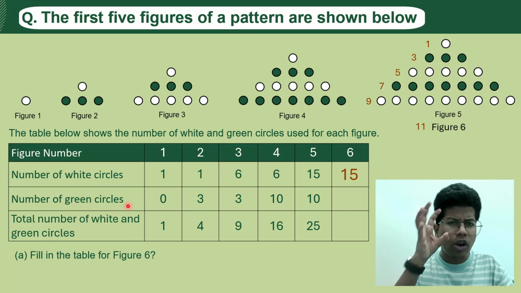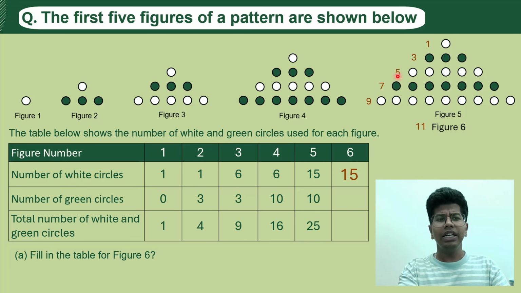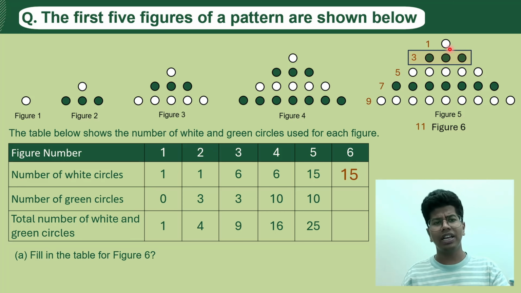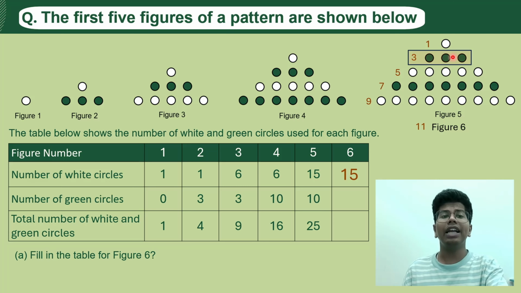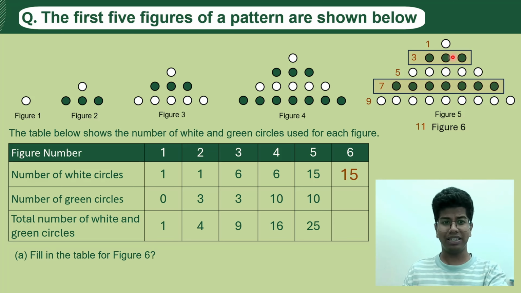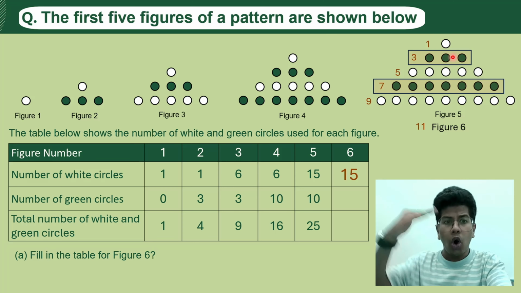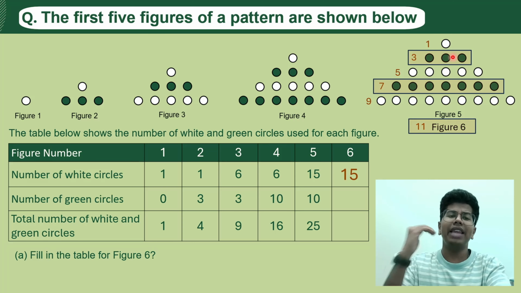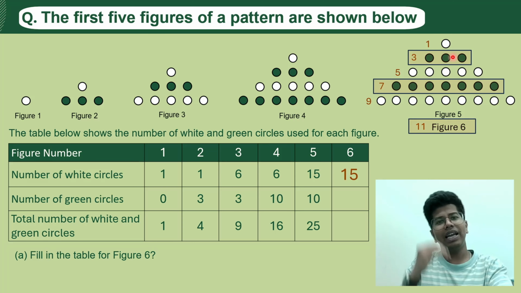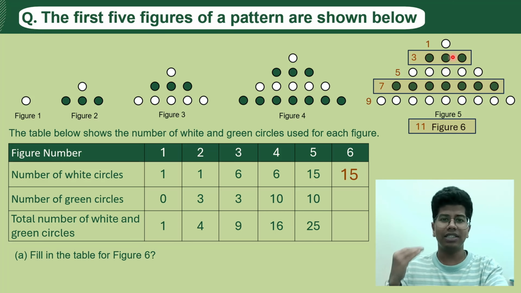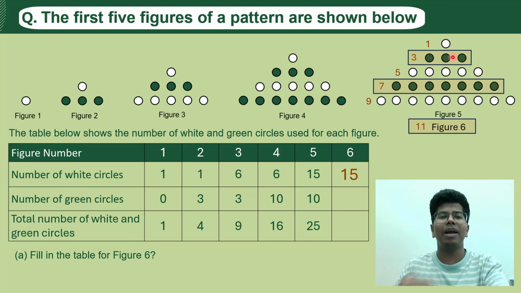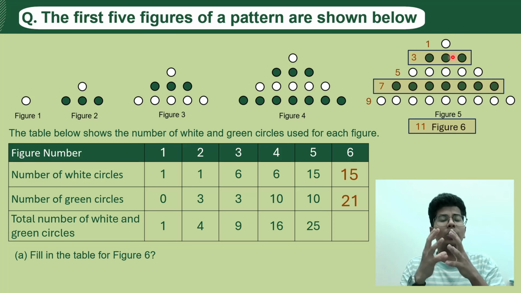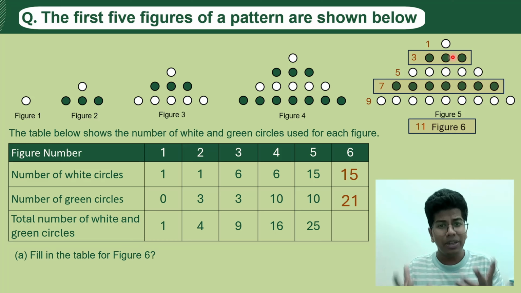So let's focus on green circles. Row 2 has green circles, then row 4 has green circles. We can observe that row 2, row 4 and then row 6 will have green circles. So what we need to do is count the number of green circles. 11 plus 7 plus 3, that is nothing but 21. So the total number of green circles is just 21.